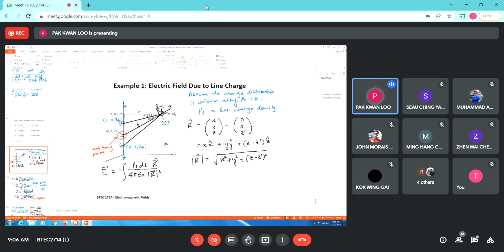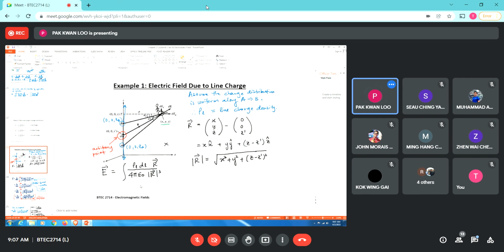So here the integration just basically represents that the line charge is continuous. And there is an assumption as well, that the charge distribution is uniform along A to B.